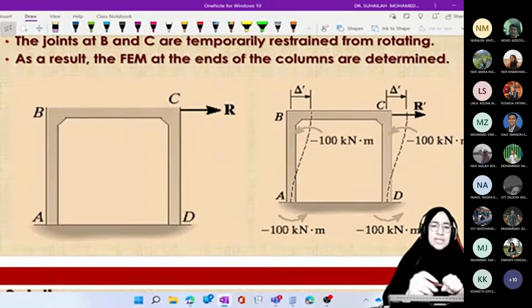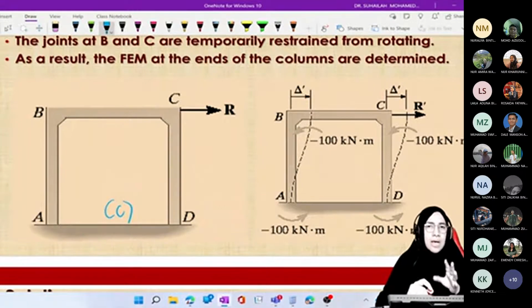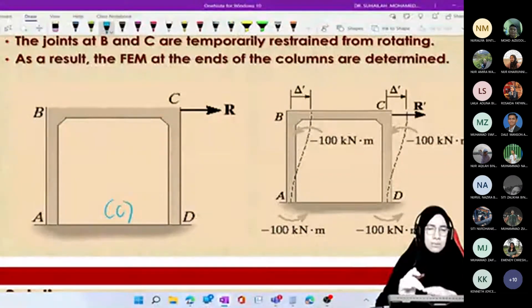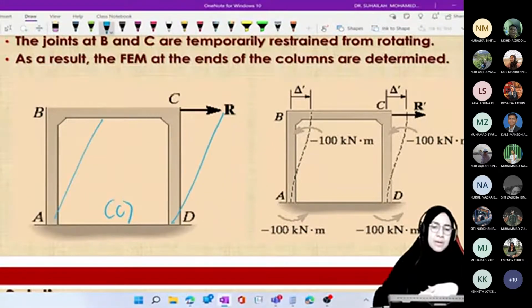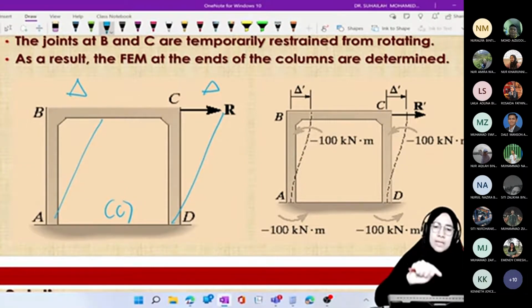this is diagram C, where we have the frame. Due to the restraining force, there will be a delta. There is no external loading here; we will calculate based on delta only.